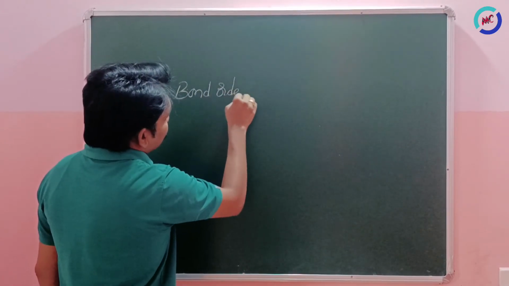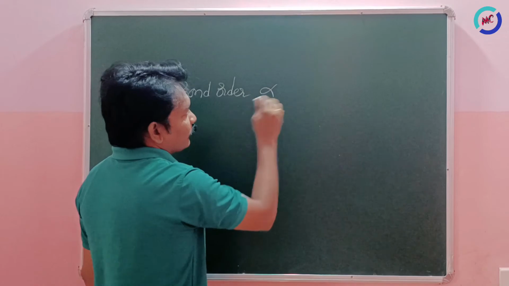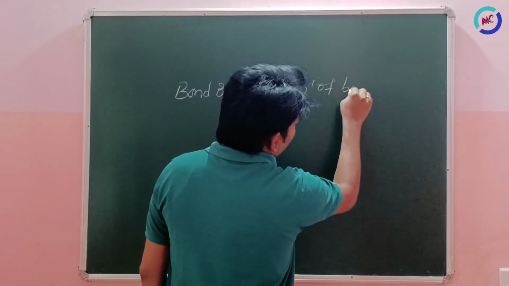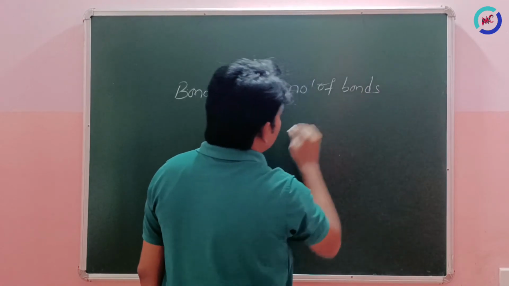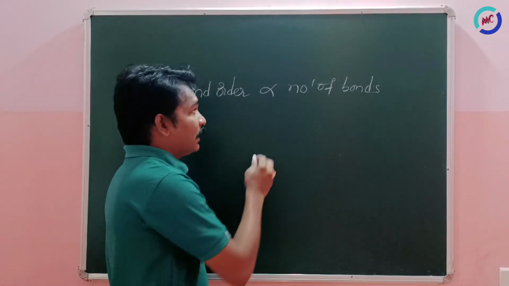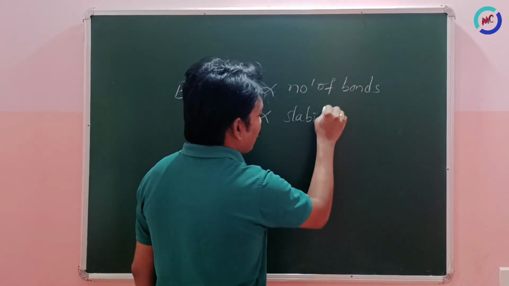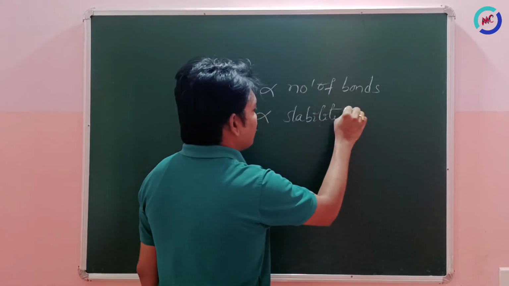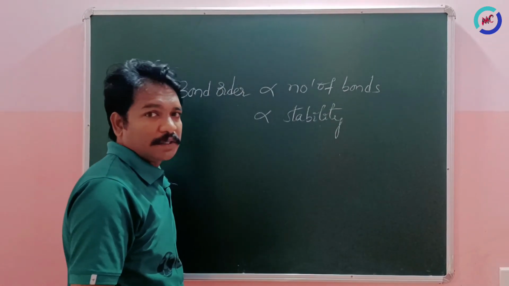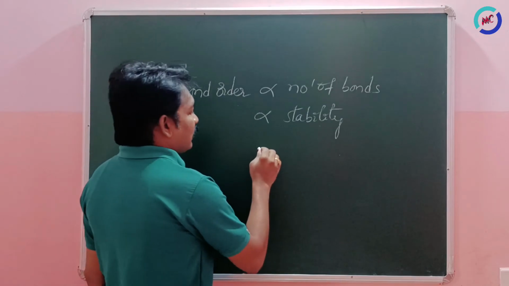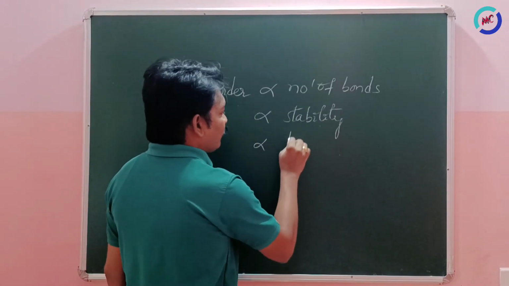Bond order is proportional to the number of bonds. And it is also proportional to the stability of the bonds, or you can say stability of the molecule. And it is reciprocal to bond length.